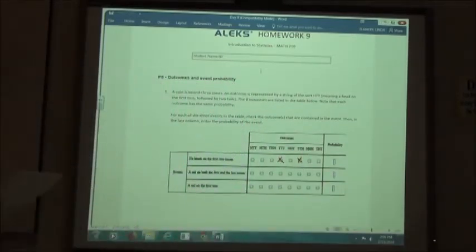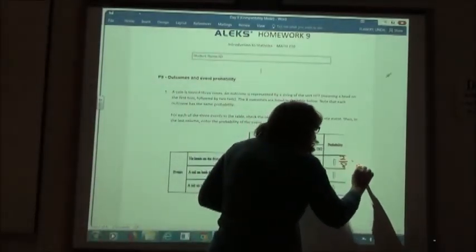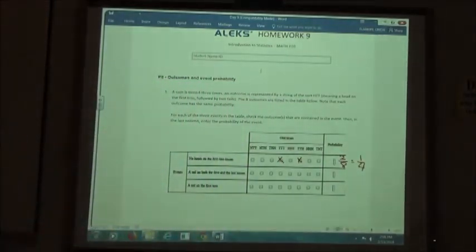So in that list there are only 2 of them that don't have a head on the first 2 tosses. My probability then is going to be 2 out of 8, which we would just reduce down to 1/4. The probability of getting no heads on my first 2 tosses would be 1/4.